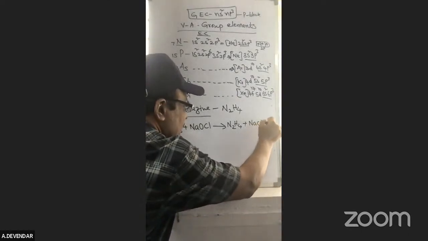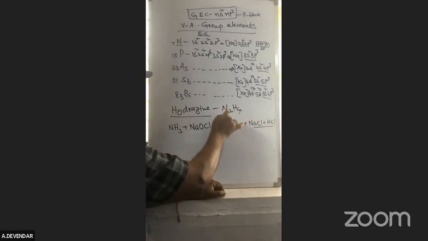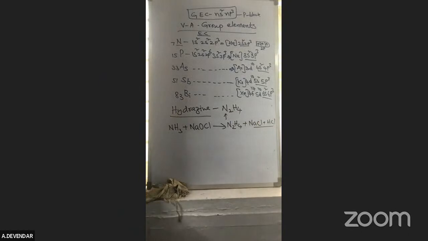These will be the byproducts. Our important product is hydrazine. This hydrazine preparation is simple. Even if it's a 5 marks question, first write the formula of hydrazine. The preparation is that ammonia in a boiling state gives off heated fumes, which you pass through sodium hypochlorite, NaOCl, and you get hydrazine.